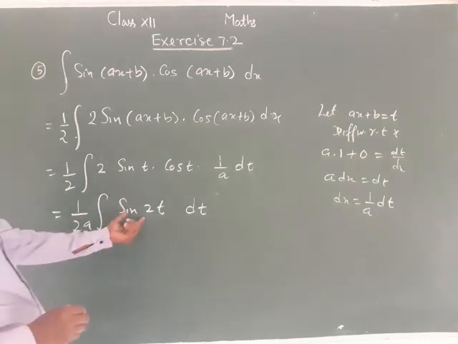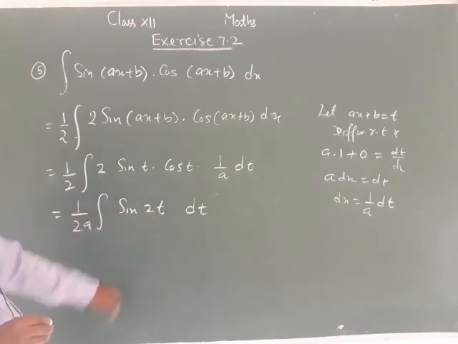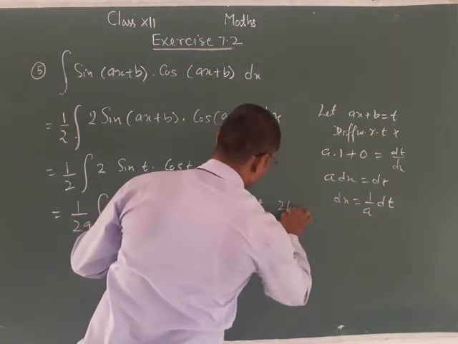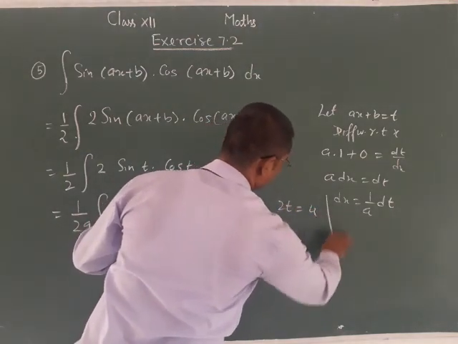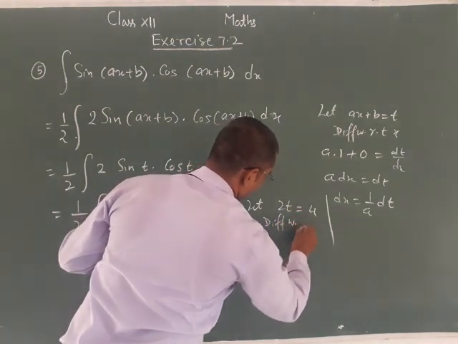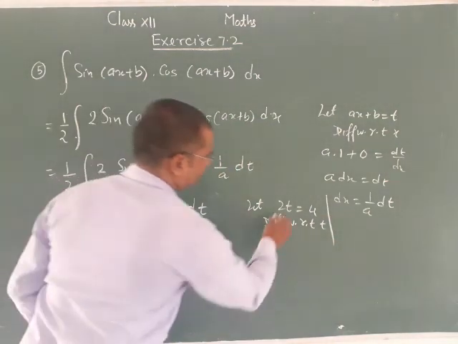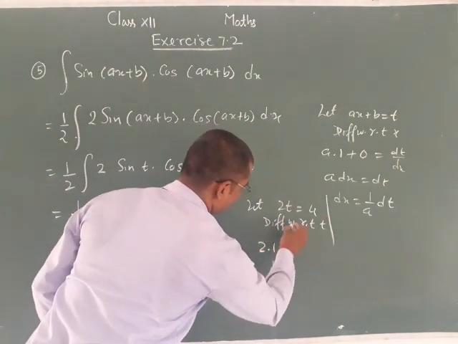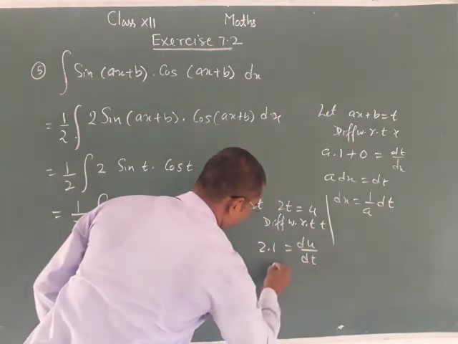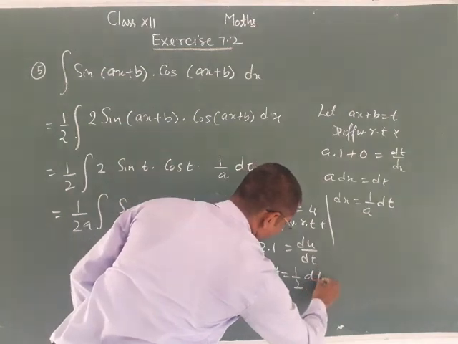Now differentiate this sin 2t; again let 2t be equal to u. Differentiate with respect to t. So 2 is du upon dt, and dt is equal to 1 upon 2 du.